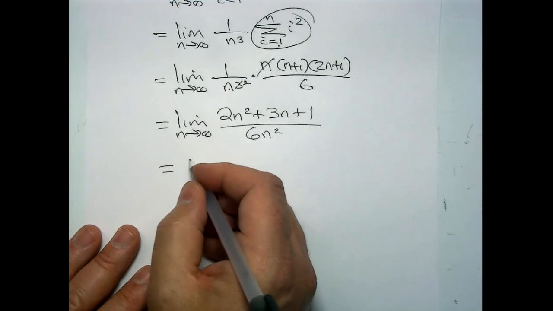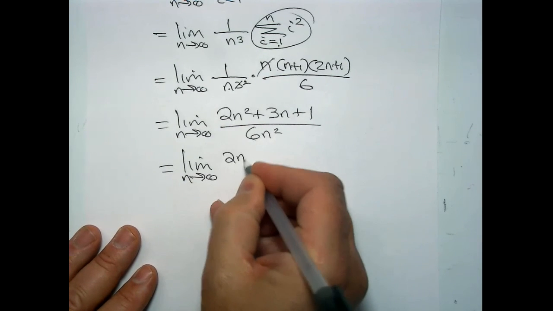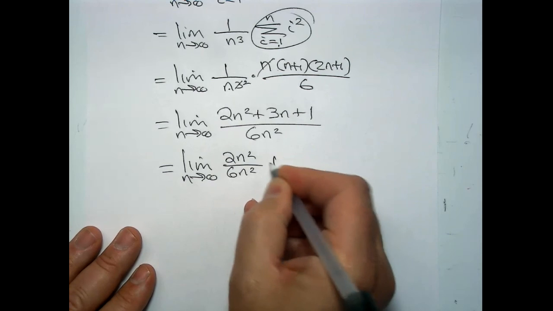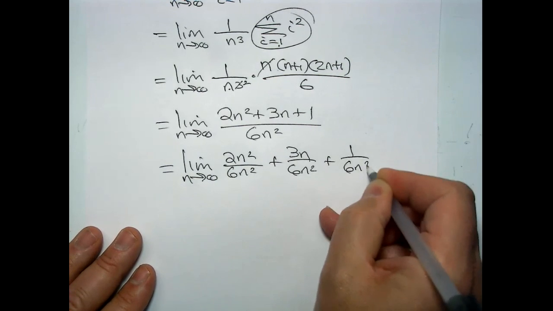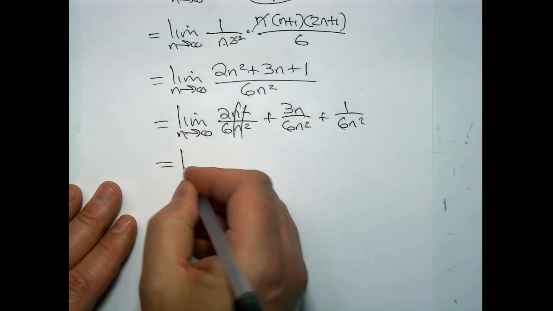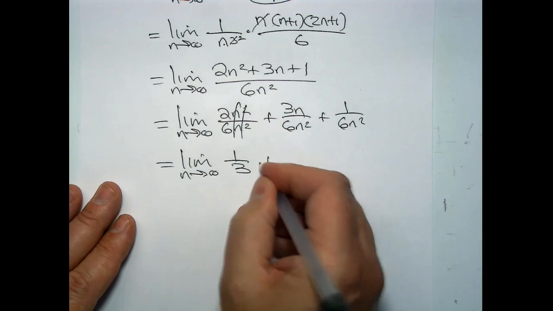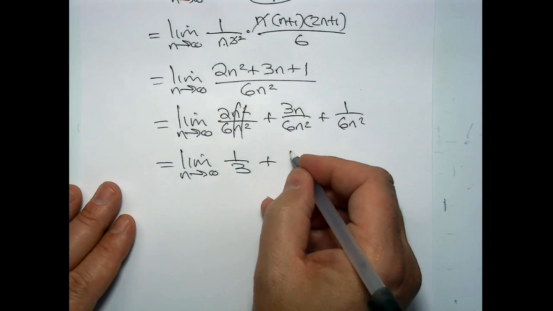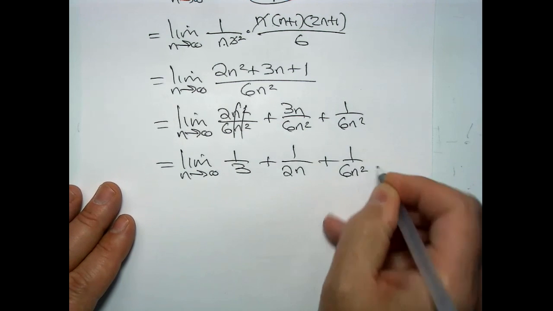My recommendation, split it up. So 2n squared gets a copy of the 6n squared. 3n gets a copy of the 6n squared. And 1 gets a copy of the 6n squared. Well, simplify. It's the limit as n goes to infinity of 1/3 plus 1 over 2n plus 1 over 6n squared.